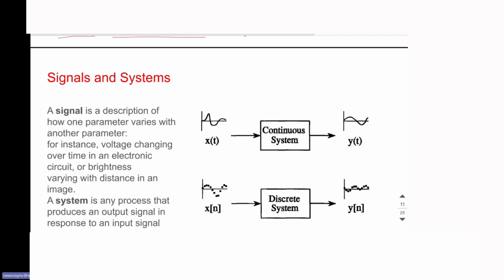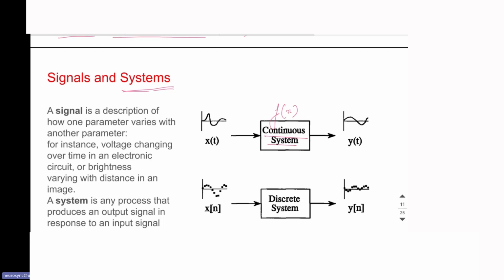Now broadly, when we talk about signals, we get a signal from some system. What is a system? This is a general block diagram of the system, shown in square brackets. It is some function of the system, we can say f of x.